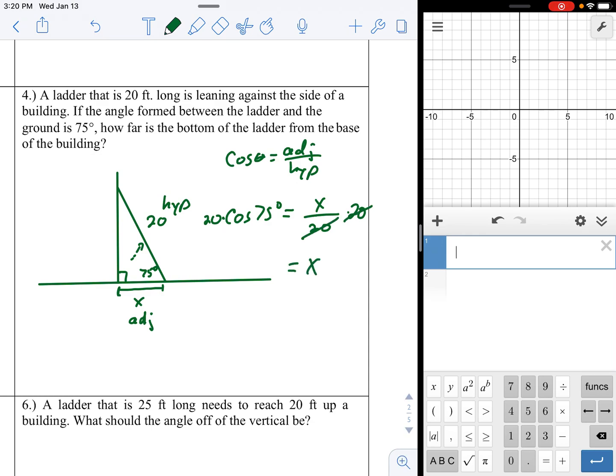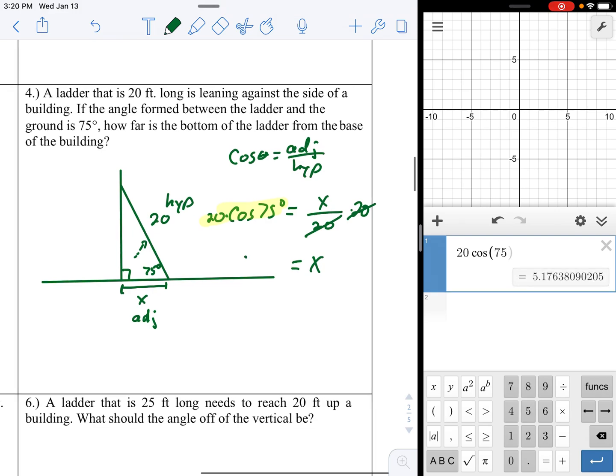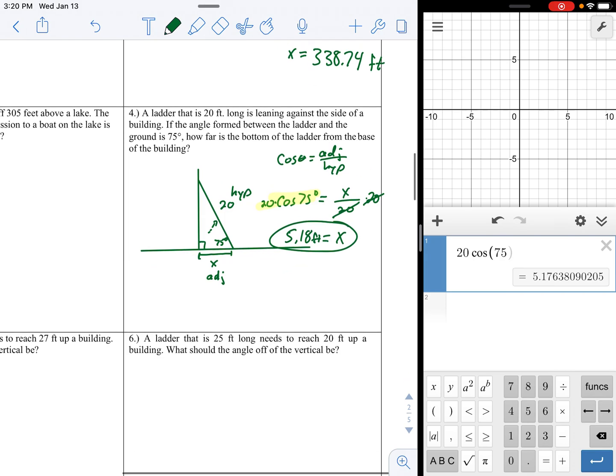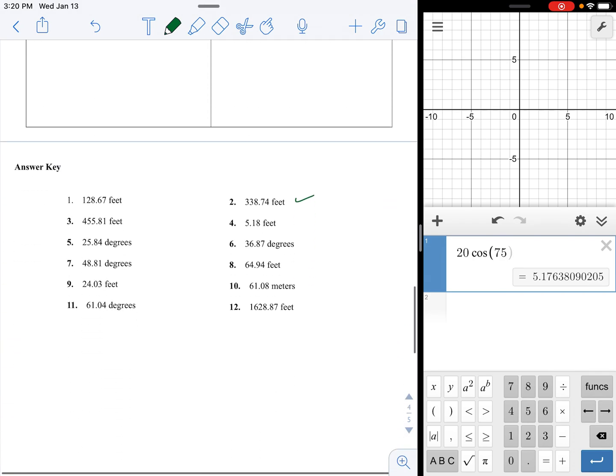And x will equal 20 times cosine of 75. So go to the calculator, 20 times the cosine of 75. And I get 5.18 feet. So the base of the ladder is going to be just over 5 feet away from the wall. Let's make sure that's right. And there it is.